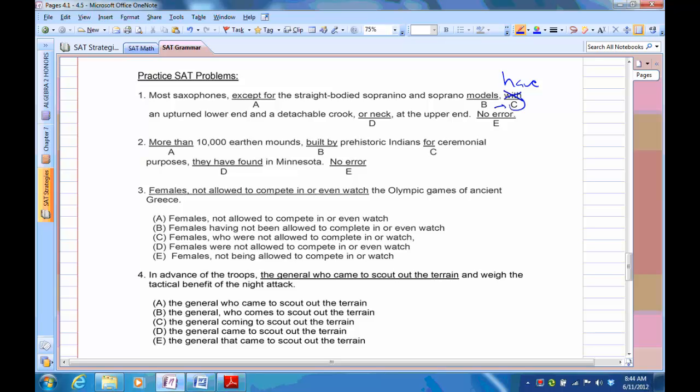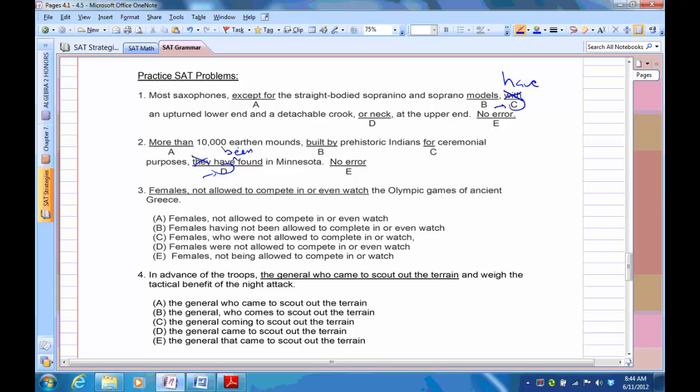So the next one, more than 10,000 earthen mounds built by prehistoric Indians for ceremonial purposes. They have found in Minnesota. It should be have been found in Minnesota. That would make it sound like a complete sentence. Three, females not allowed to compete in or even watch them against ancient Greece.